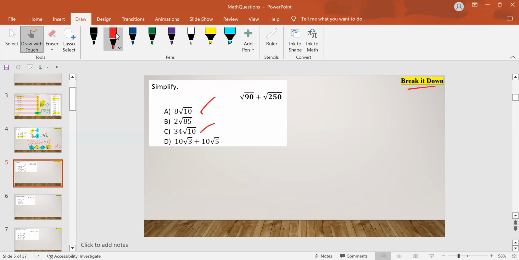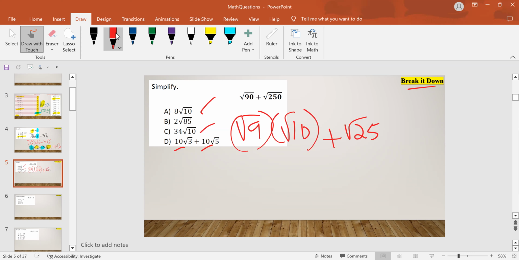Even choice D is not radical 10, but we see a 10 there. This gives us an idea that they probably used a 10 in the numbers when they break it down. So I can think of the square root of 9 multiplied by the square root of 10, because 9 is the same as 9 multiplied by 10, plus the square root of 25 multiplied by the square root of 10.